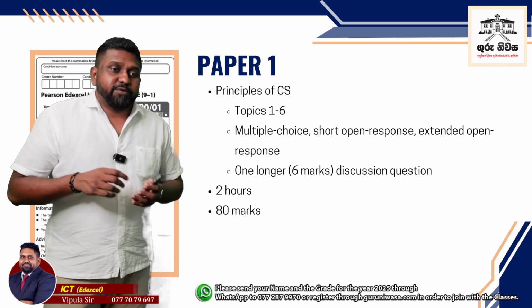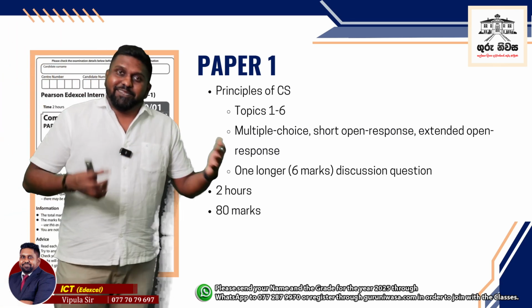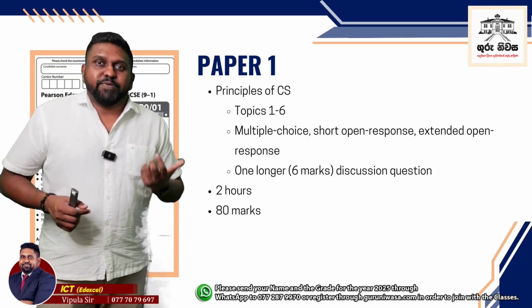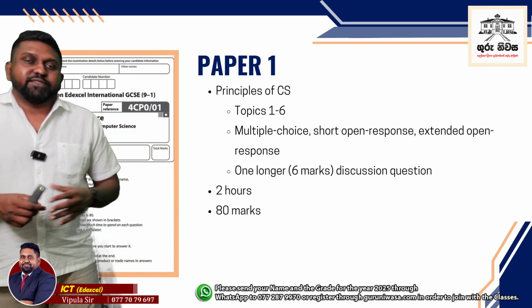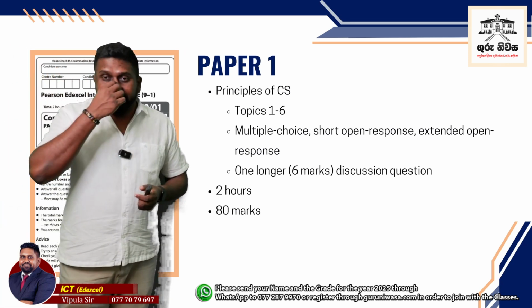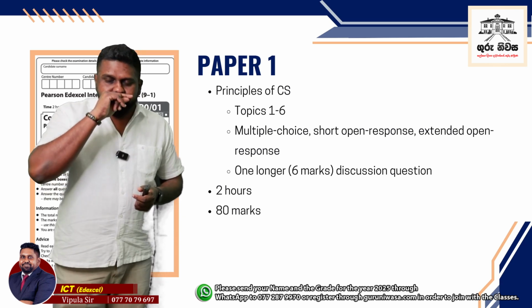When it comes to extended open response, your answer has to be an essay, number one, and it should be structured in a particular way, following the specific requirements. An example is last year's A-level paper.